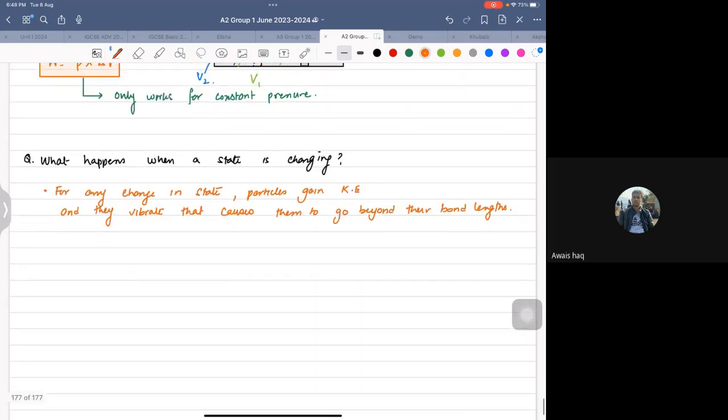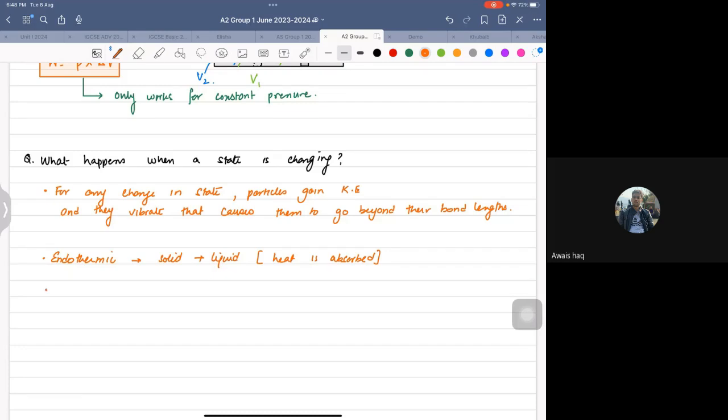So with respect to chemistry, there are two kinds of change. One change is endothermic. Endothermic change means that, let's suppose, solid is going into liquid, this is just an example, heat is absorbed. So they're gaining heat in order to convert from a solid state into liquid.